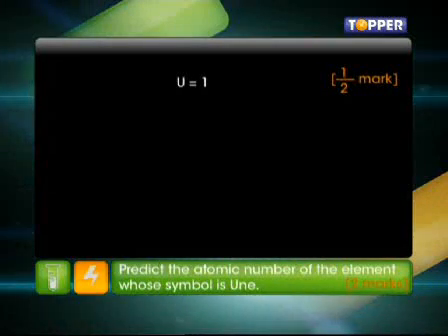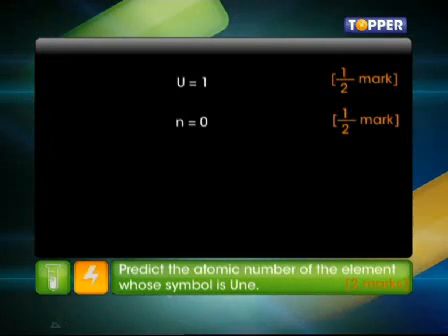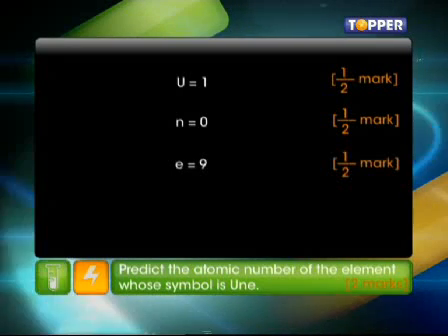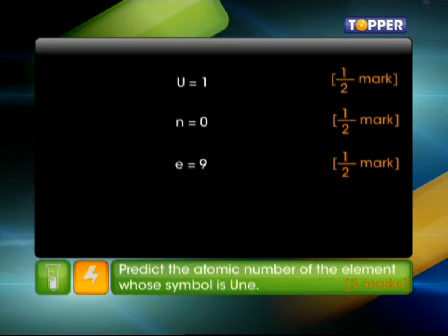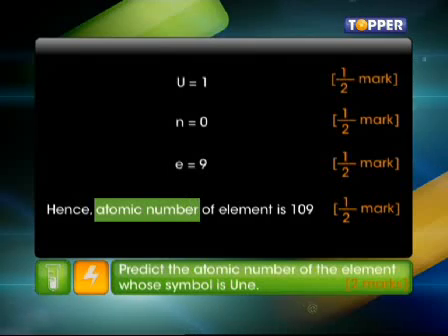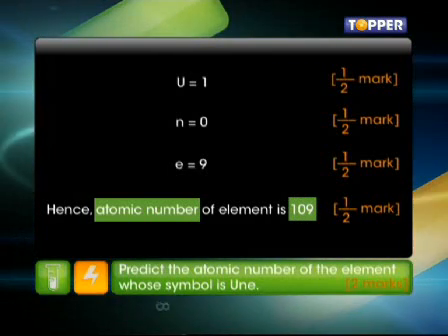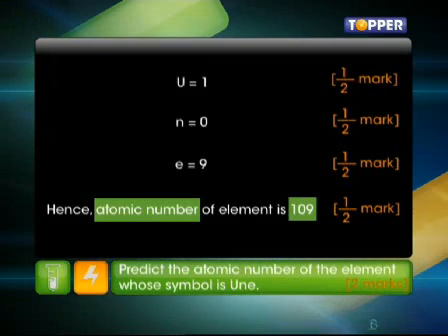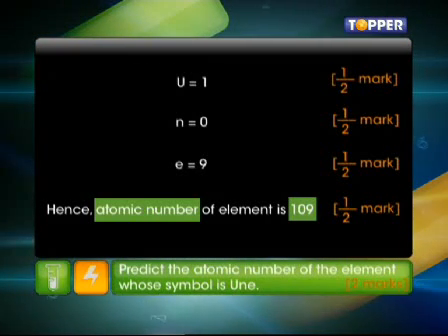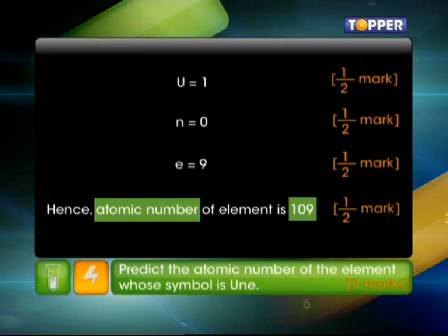As you know, U stands for 1, N stands for 0, and E stands for 9. So, it is easy to see that the atomic number of the element is 109. It's a simple answer, and each step of the answer accounts for half a mark. So I shouldn't come to know that you haven't got full marks if you get this question in your exams.